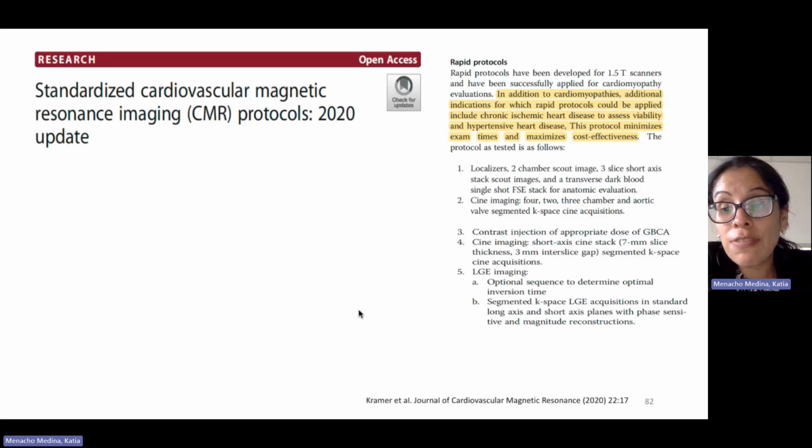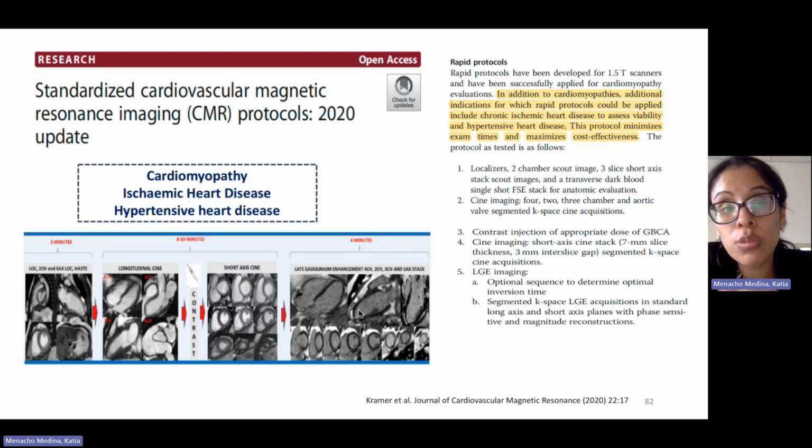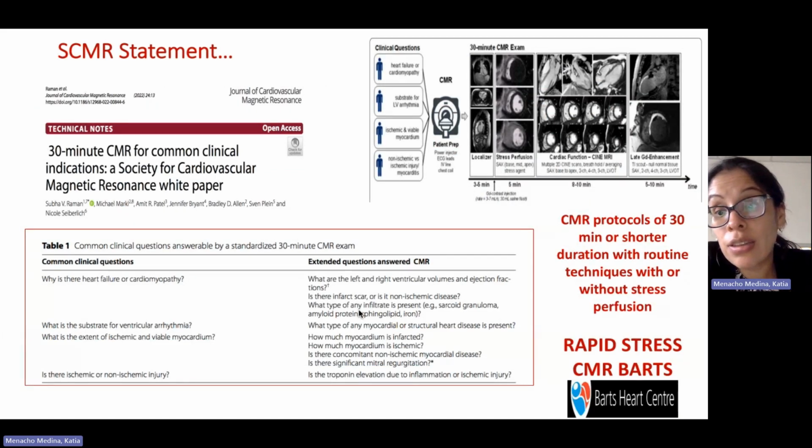And this protocol has been adopted by international guidelines, like the 2020 protocol acquisition statement. You can see the inclusion of rapid protocols with volumes and LGE, specifically for the segment of cardiomyopathy, diabetes, ischemic heart disease, and hypertensive cardiomyopathy.